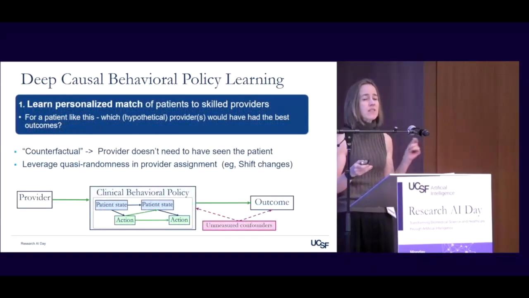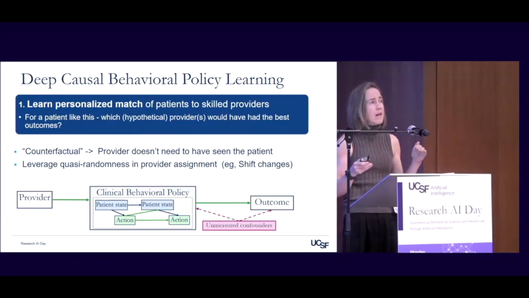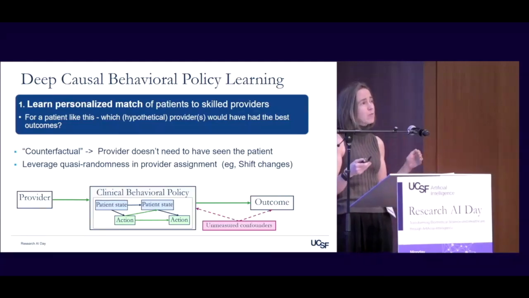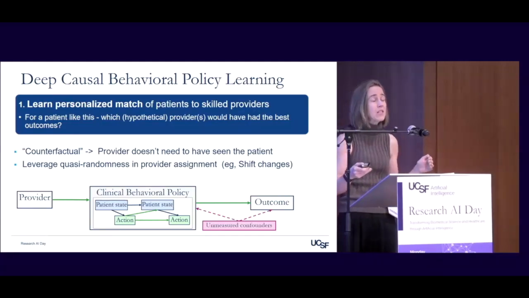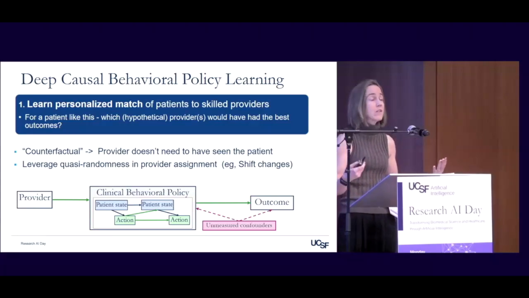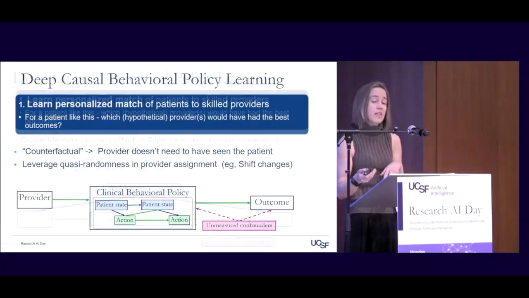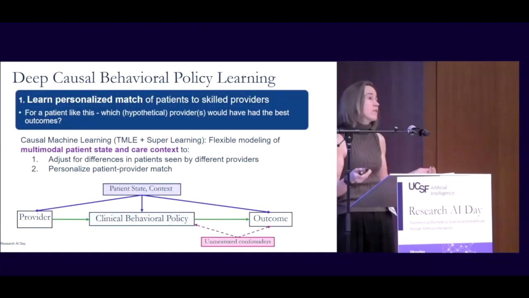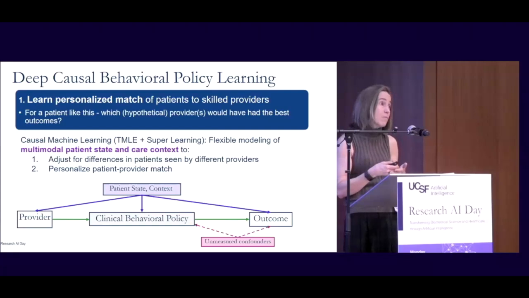So with this first step, how are we doing this? The fundamental assumption that we're relying on here is that unmeasured confounding is a profound problem at the level of individual actions, but it's a more tractable problem at the level of providers. So what we're doing is leveraging quasi-randomness in provider assignment, such as we get from, say, shift changes. Now, of course, provider assignment is not at all completely random.